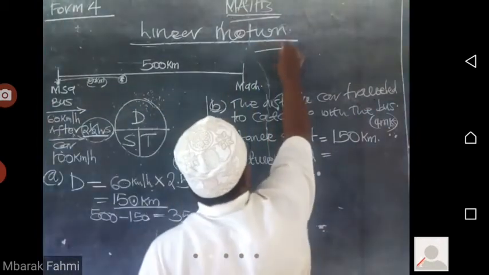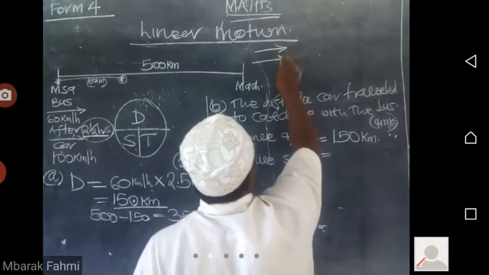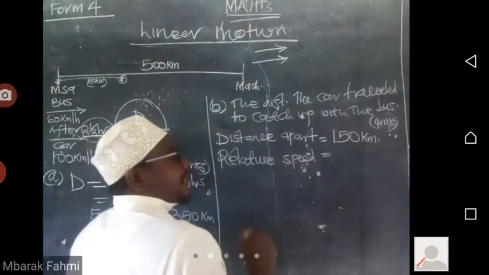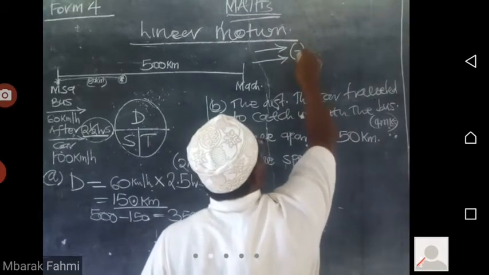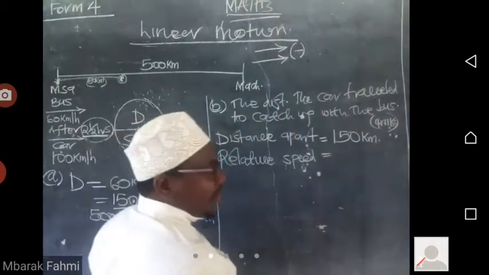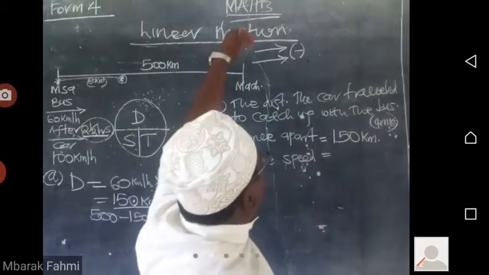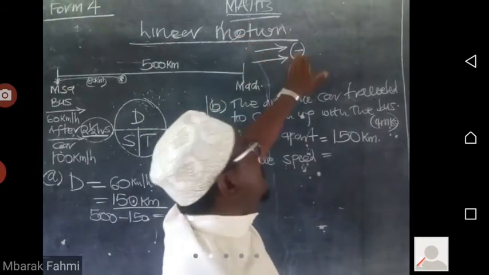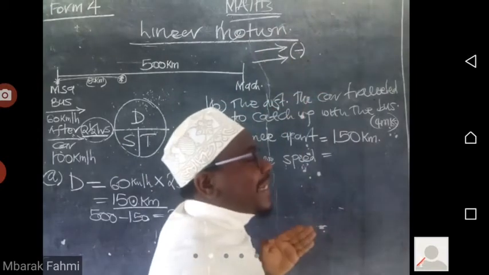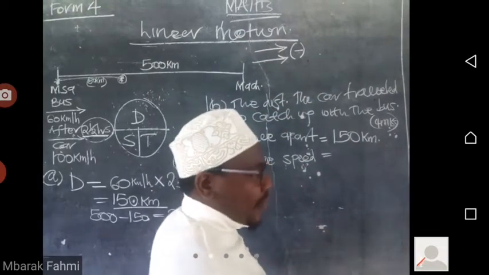When the objects are moving in the same direction, to get the relative speed, you get the difference of their speeds. Of course, you will take the one with the higher speed minus the one with the lower speed, if they are moving in the same direction.